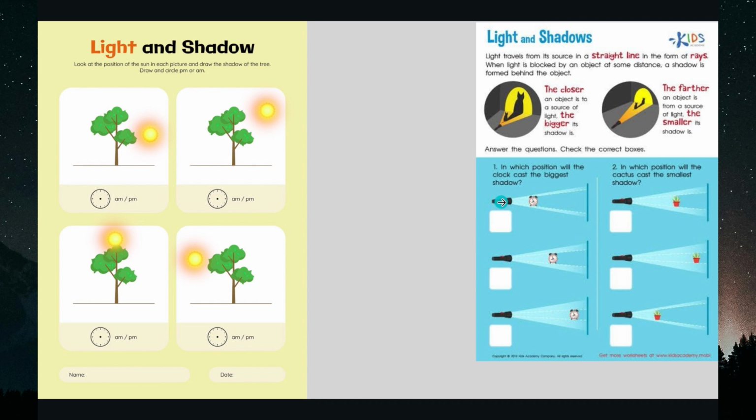The first question is asking in which position the clock will cast the biggest shadow. You need to find out the right answer by yourself. And question number 2 is in which position the cactus will cast the smallest shadow, right? For your reference, there are two images given of a cat shadow in the upper part. So you guys can use your logic and try to solve both of these exercises.